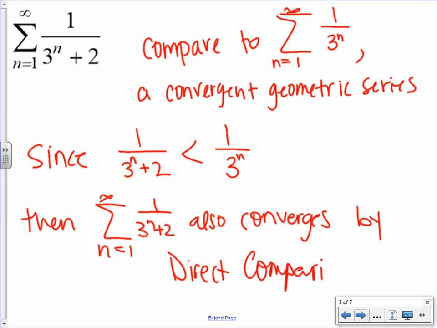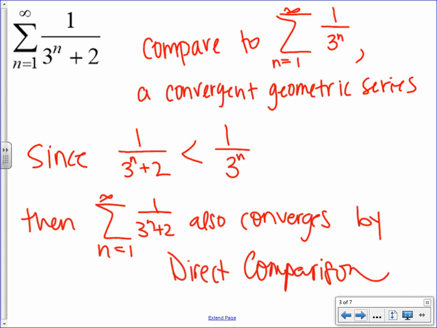A lot of you are going to be able to look at this problem and say, oh, yeah, that converges by direct comparison. And then you have to write it out. Yes, we could write DCT for direct comparison. That'd be fine.